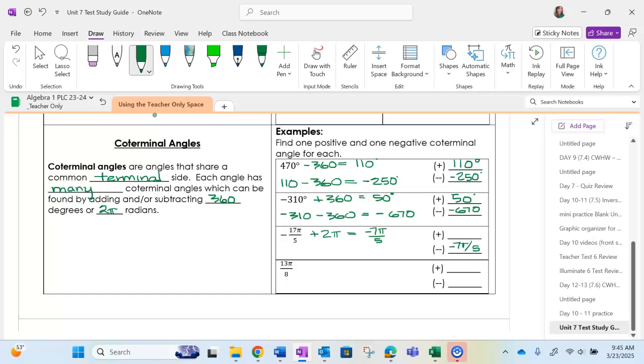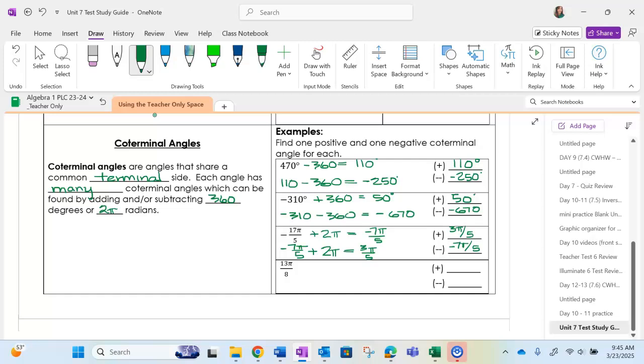Well, subtracting and subtracting will give me another negative one. I don't want to do that. I need a positive one. So let's continue with negative 7 pi over 5 and add 2 pi again. And this time you get a positive 3 pi over 5. And that's what goes here.